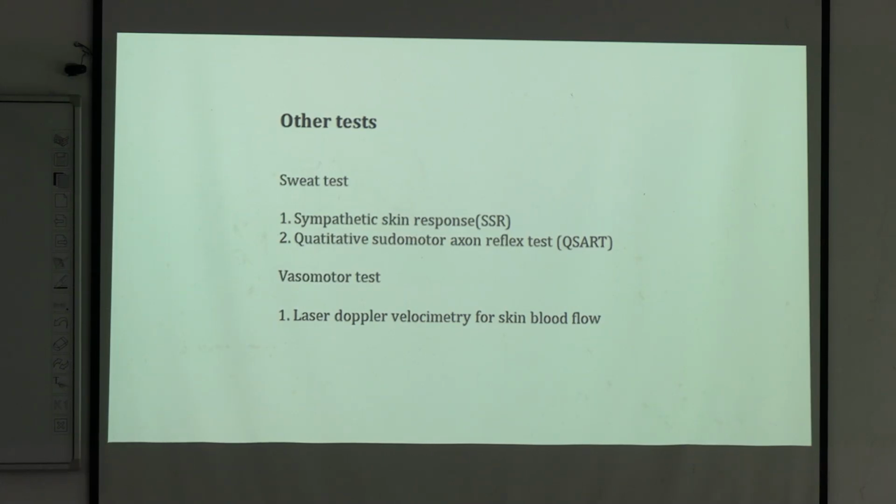These are very advanced tests of autonomic function. The basic tests you need to remember in detail. We need sophisticated equipment to perform the advanced ones, and we don't have this instrument in our college right now. But we will discuss the basic tests one by one.